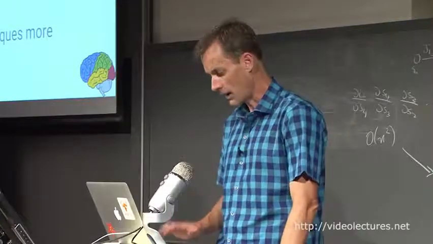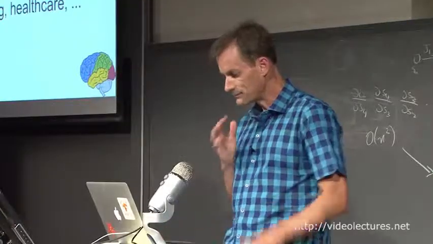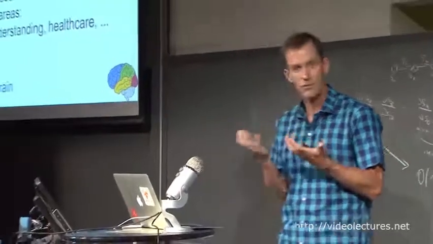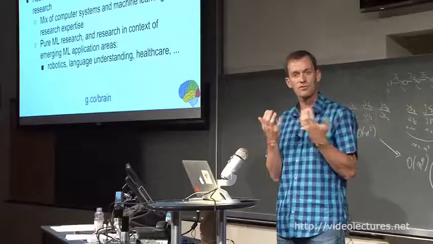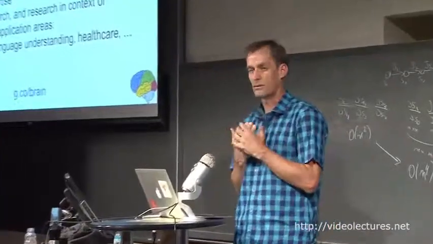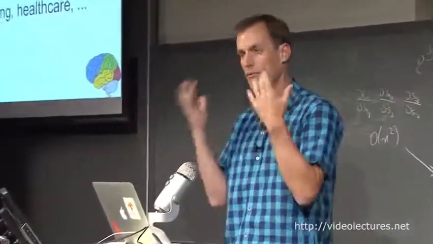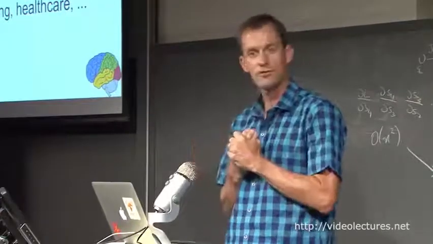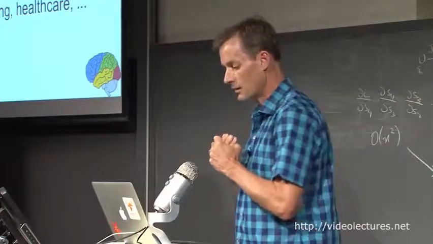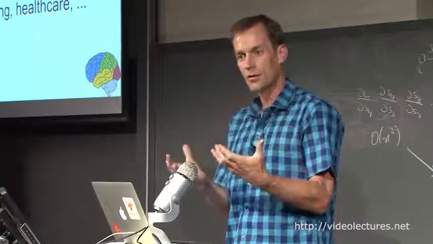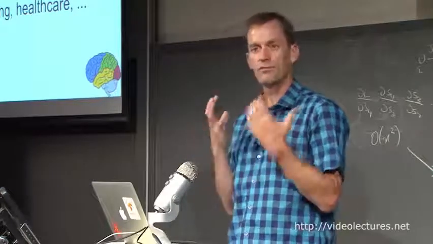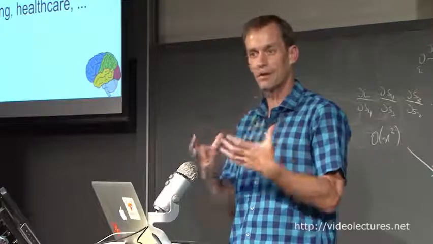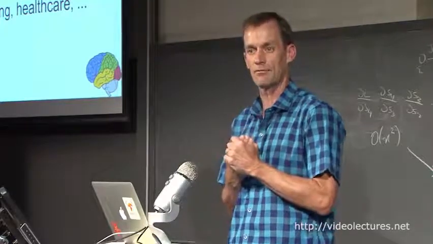One interesting thing about the Brain team is we bring together people with a mix of computer systems and machine learning research expertise, and put them to work on interesting machine learning research problems and on building software, distributed systems and hardware systems that make sense in the context of accelerating that research.